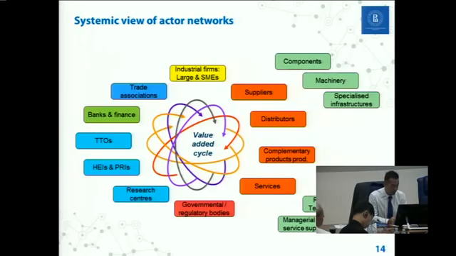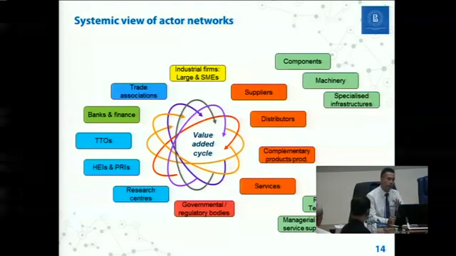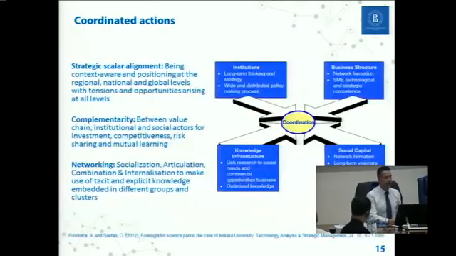So we need to have this systemic view when we think about the actors within the system and engage them throughout the process. We need their coordinated actions. We need strategic alignments between them so that they can create synergies. We need complementarity between them so that we can build value creation and value chains.